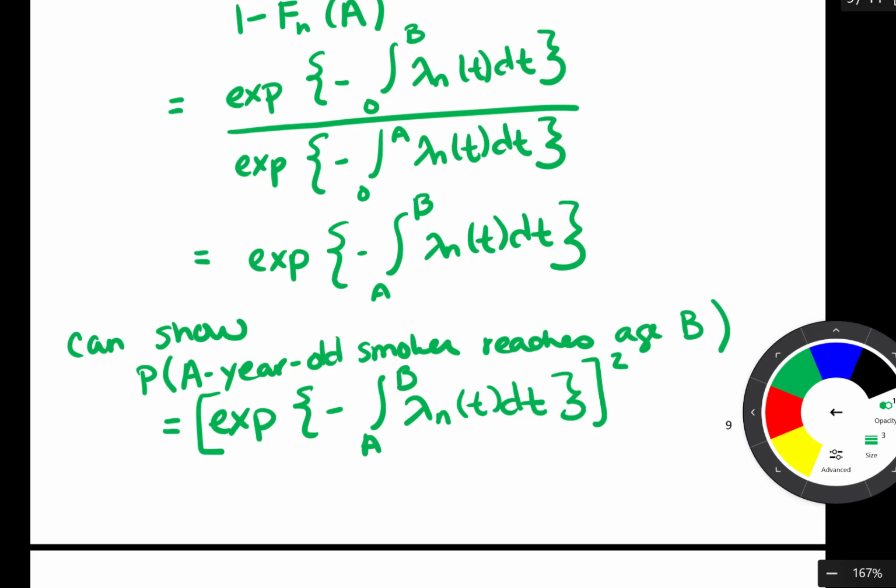And if you'd like to, you can show that on your own. One thing to notice, even though this is in terms of the smokers, we do have that relationship up above between lambda s and lambda n, so that's how we can make that conversion over.